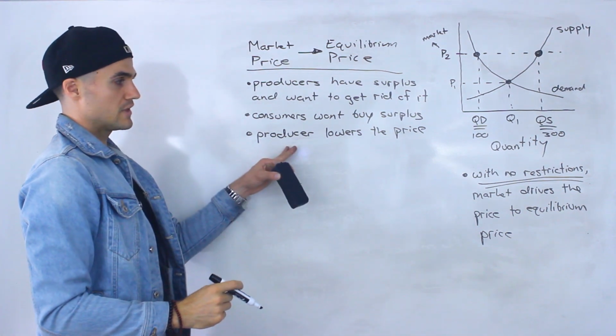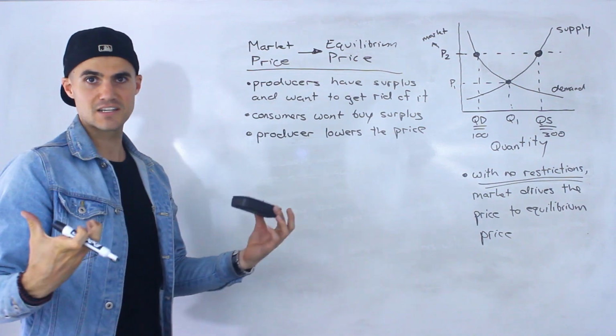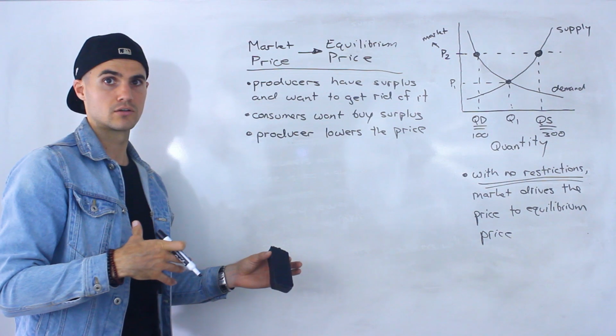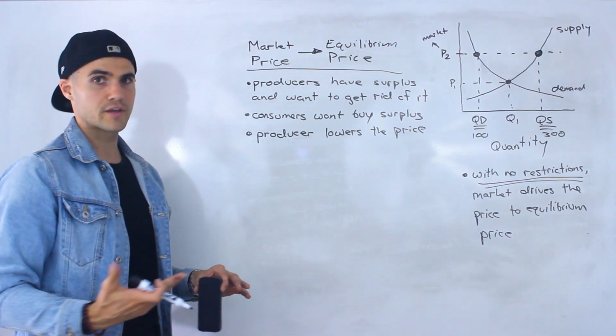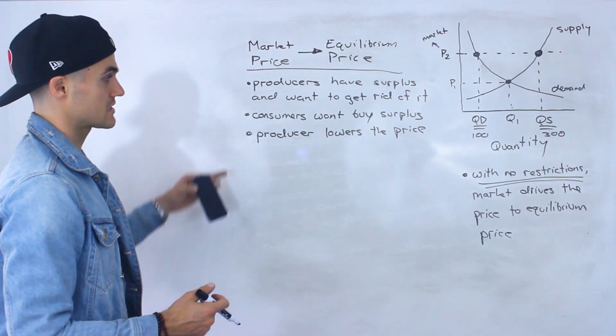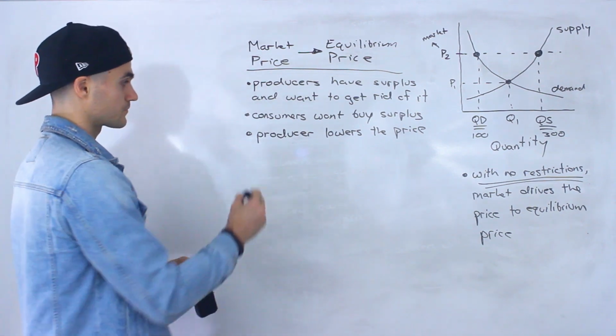So a good example of this is like retail shops at the end of seasons, right? They have excess inventory, stuff they maybe haven't sold in the winter, right? And now summer's approaching, so the demand is just not there. So things will go on sale, right? It'll be like an end of season sale. So that's a good example of when this happens. So the producer is going to lower the price.